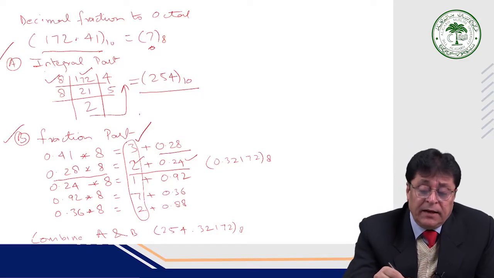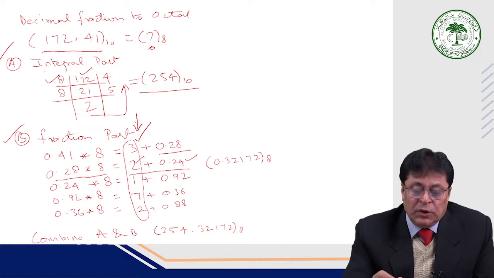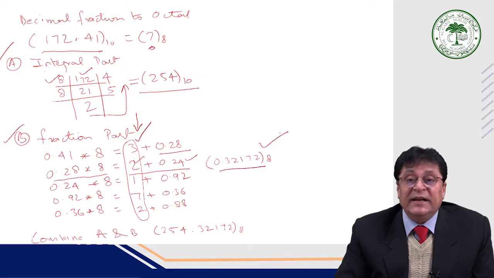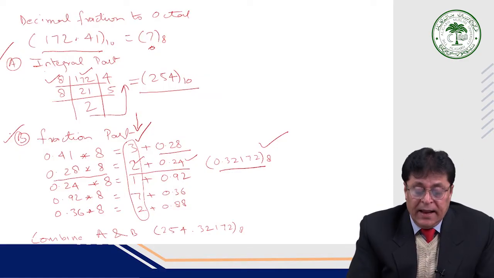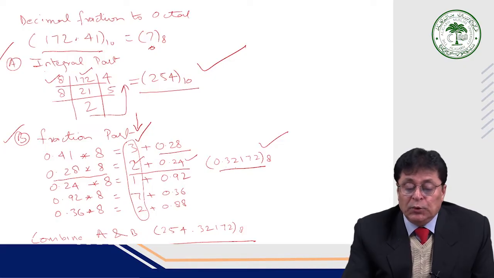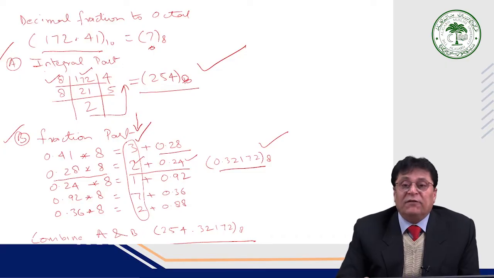After that, in the end, we will start reading the integral parts of the results from top to bottom. So we will note down 3, 2, 1, 7, 2, and this is our octal fraction. Now we will combine A and B, and combining this results into 254 and 0.32172, which is the result of the fractional part.